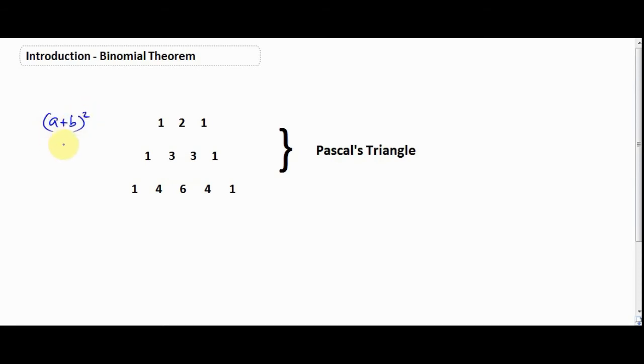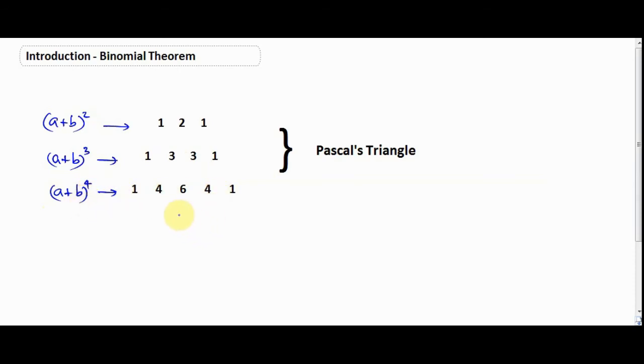Okay, so coefficients of the expansion a plus b whole square is written here 1, 2, 1. Now the second row corresponds to a plus b whole cube. The coefficients of the expansion of a plus b whole cube is written here, and the third row consists of a plus b whole raised to 4, the coefficients of a plus b whole raised to 4 is written here.